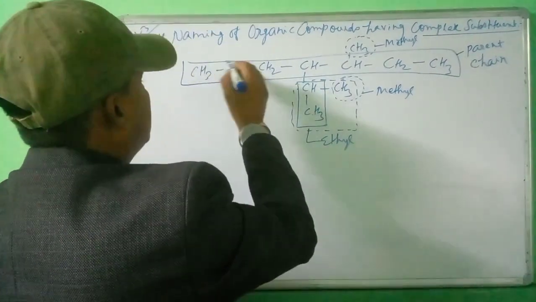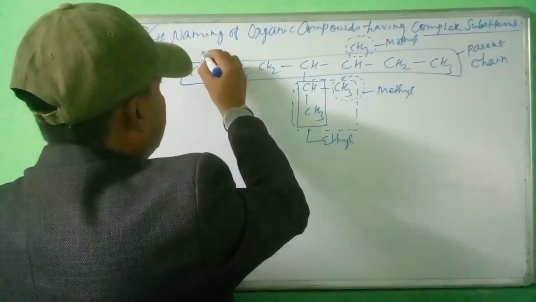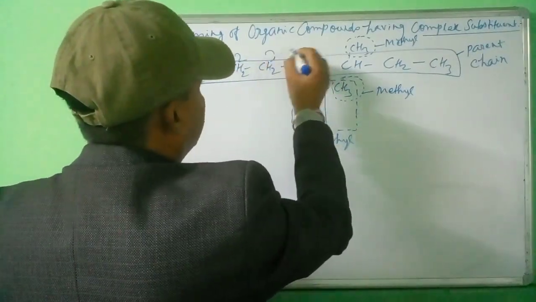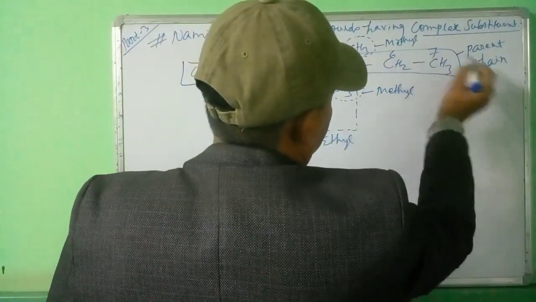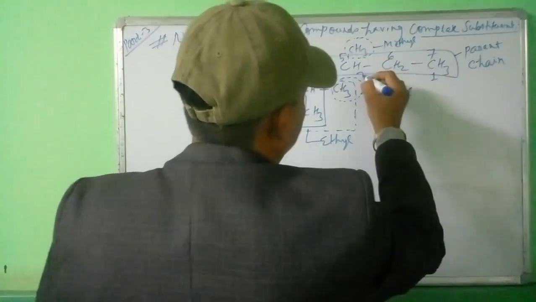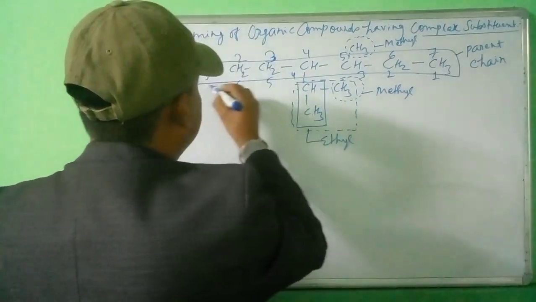Now numbering the carbon atoms. Always try to give the number from left to right at first: 1, 2, 3, 4, 5, 6, 7, and right to left: 1, 2, 3, 4, 5, 6, 7.